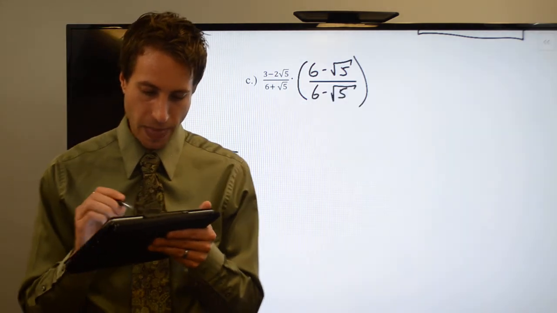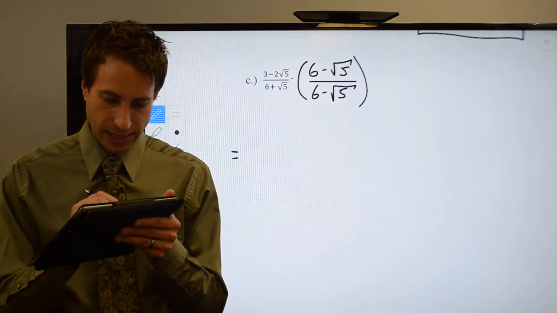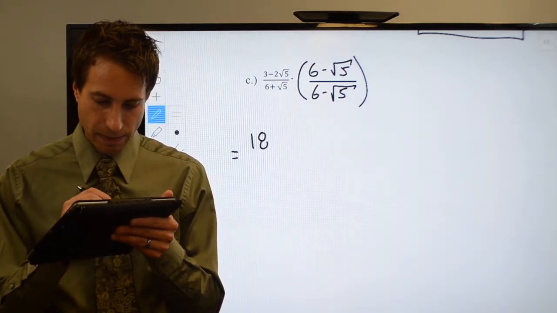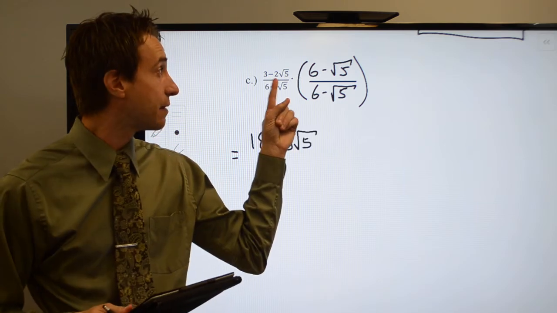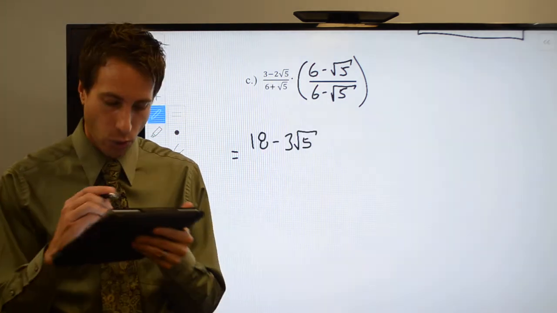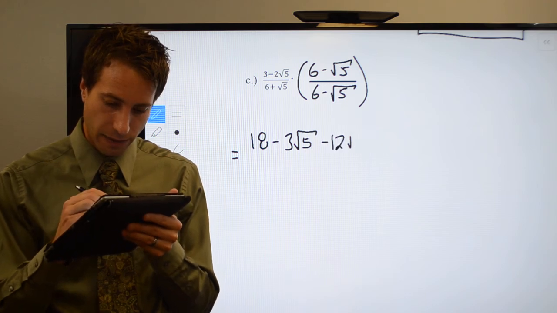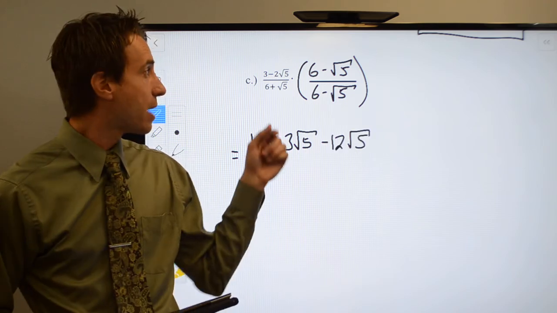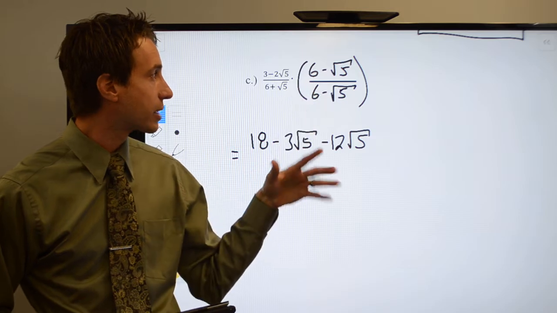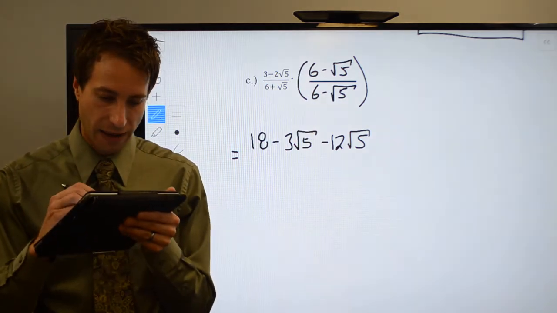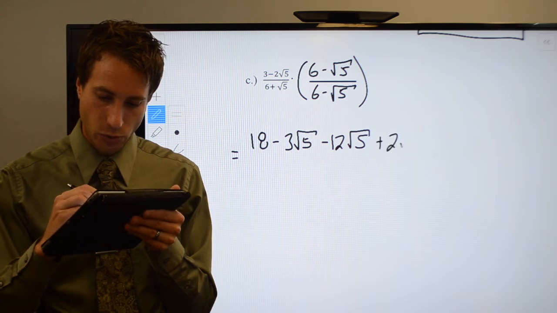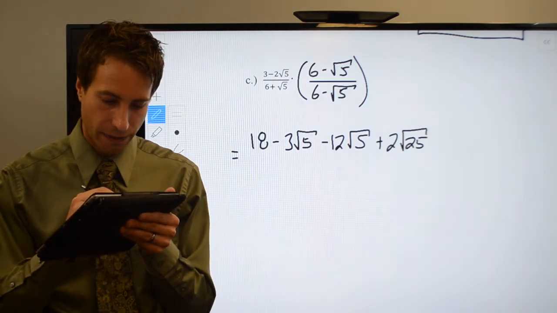All right, here we go. 3 times 6 is going to be an 18 minus 3 square roots of 5. Negative 2 times the 6 is going to be a minus 12 square roots of 5. And then we're going to have minus, minus, so those cancel each other out. It's going to be a 2 square roots of 25. So plus 2 square roots of 25.